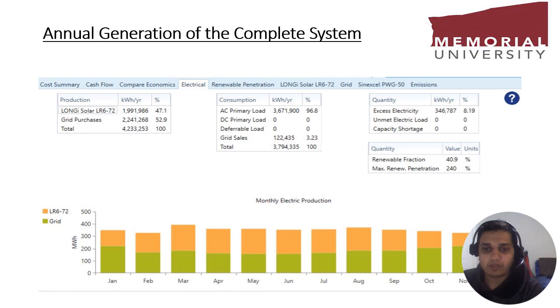If you look below, the solar energy is higher in the months of June, July, and August, starting from April. The reason is that we have more solar irradiance in these months, especially in St. John's.